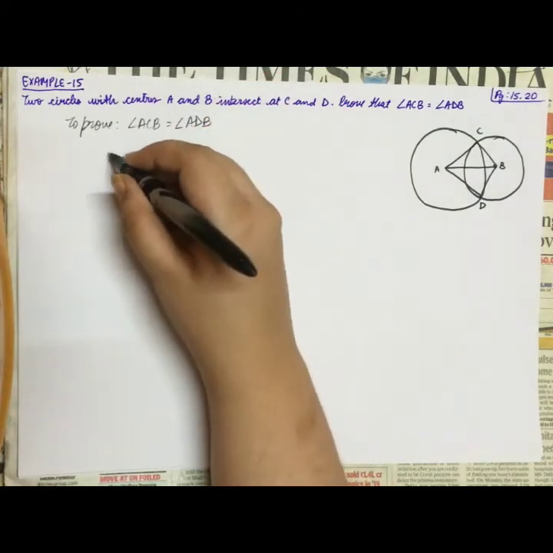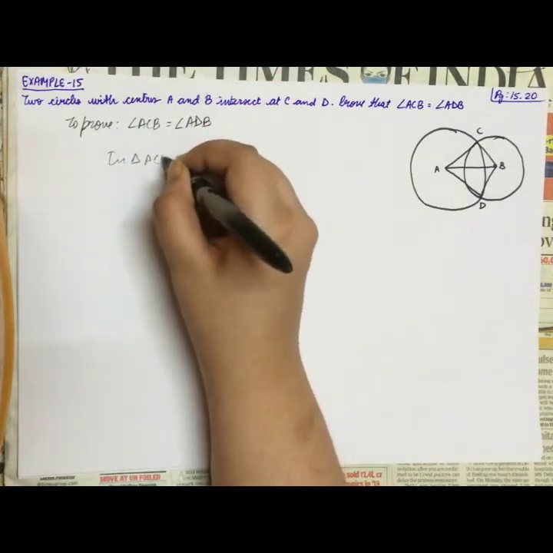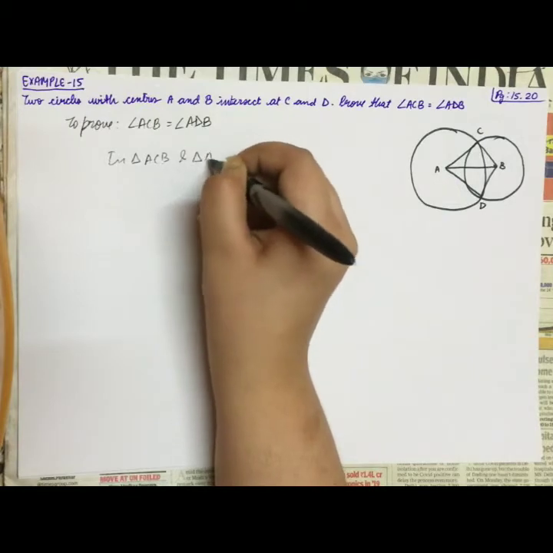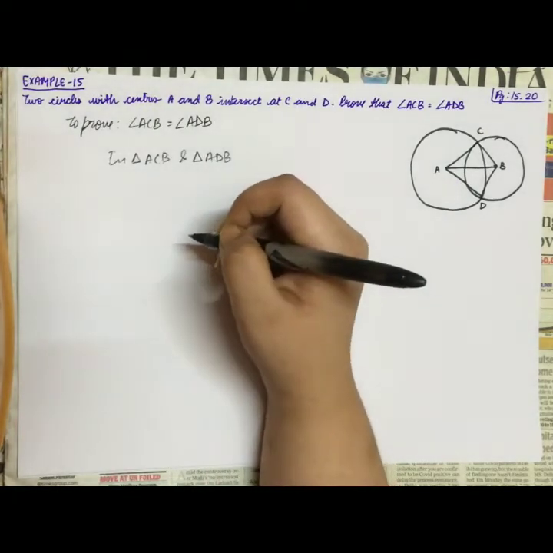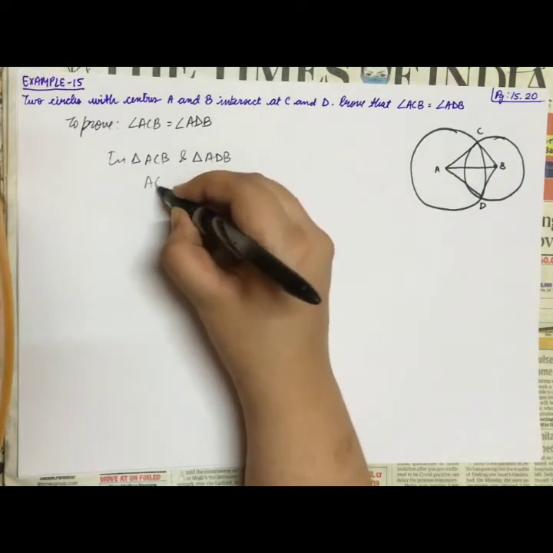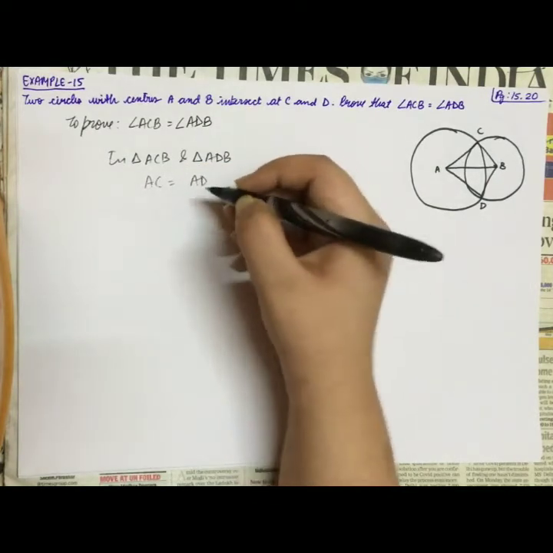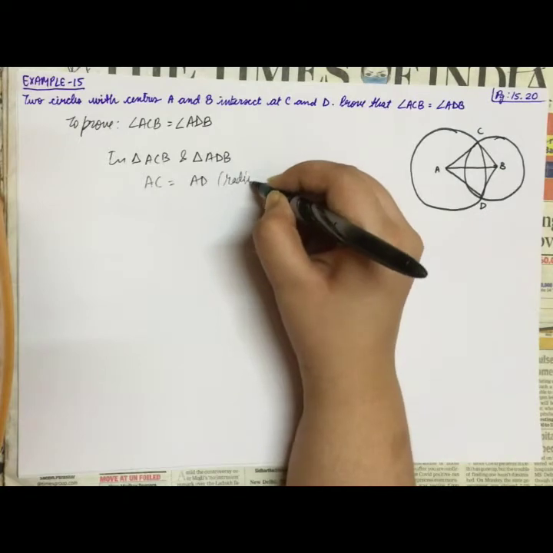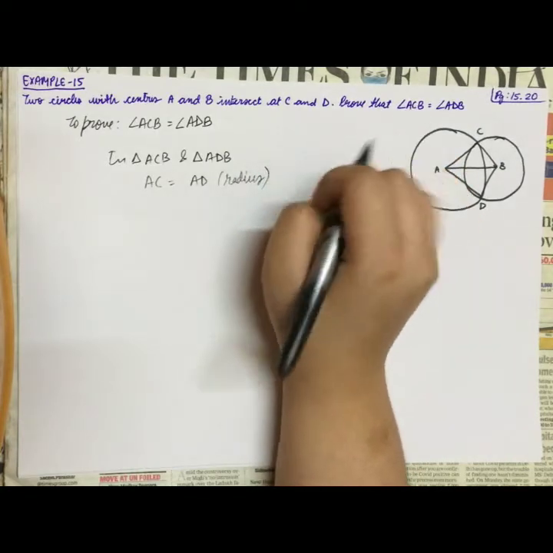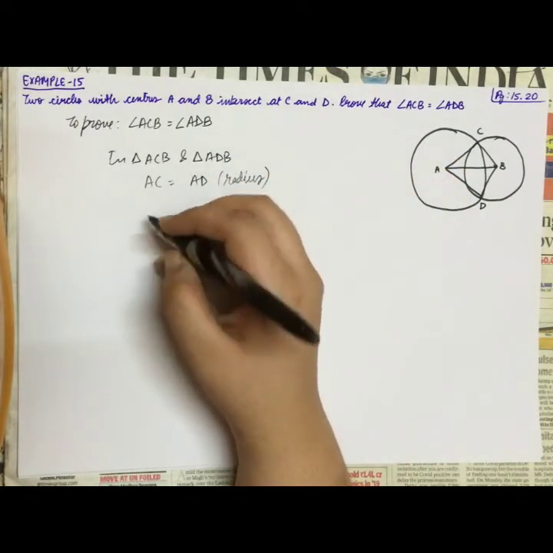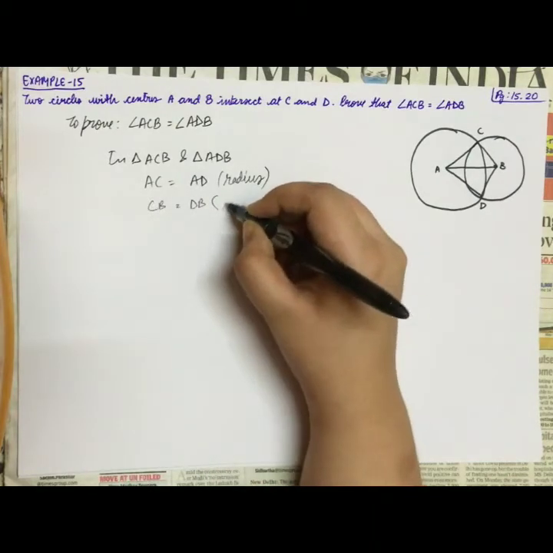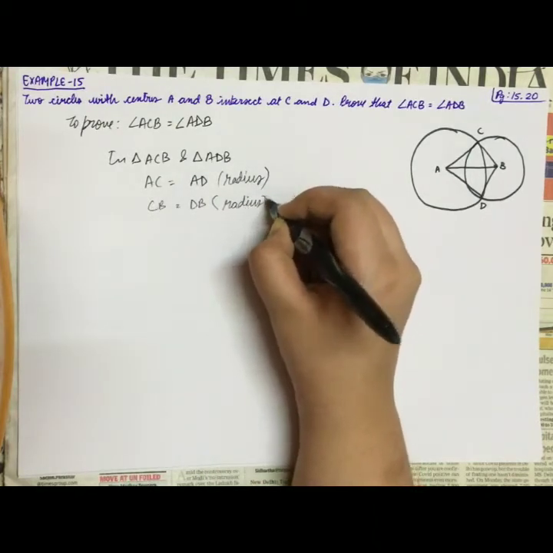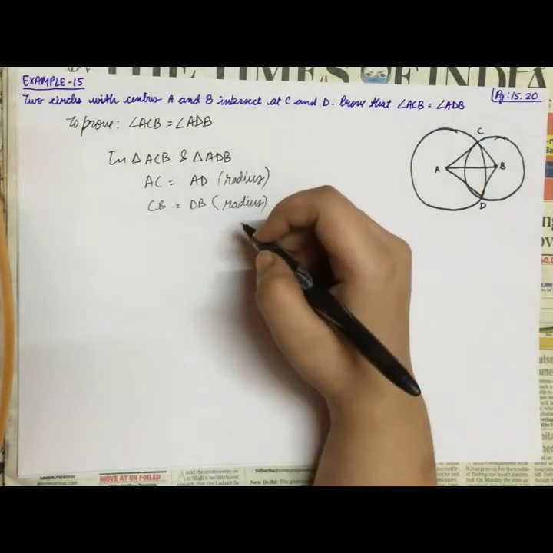We will start with in triangle ACB and triangle ADB. AC is equal to AD as they are radius of the bigger circle, AC and AD. Similarly, CB is equal to DB as they are the radius of the smaller circle.